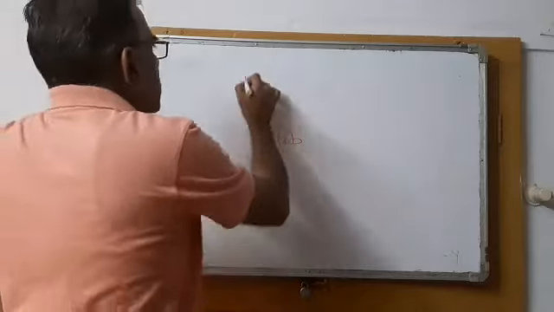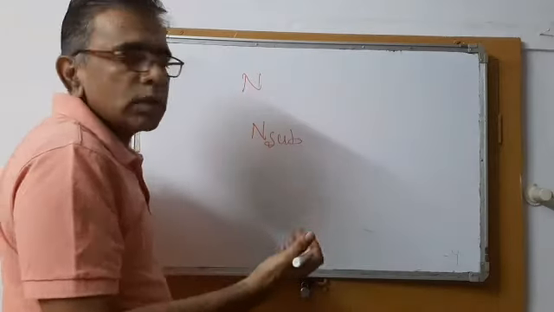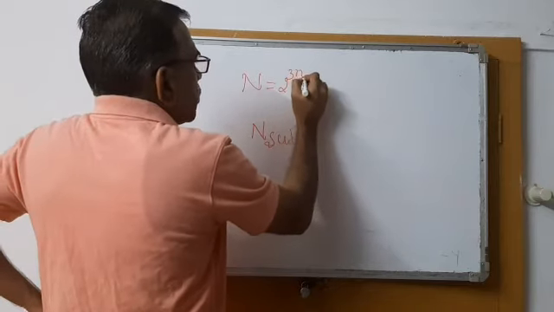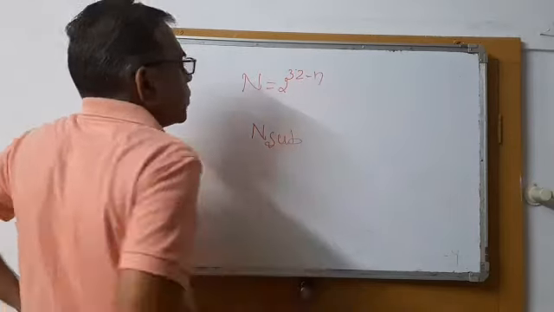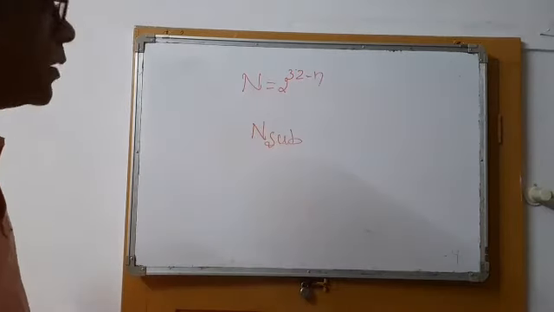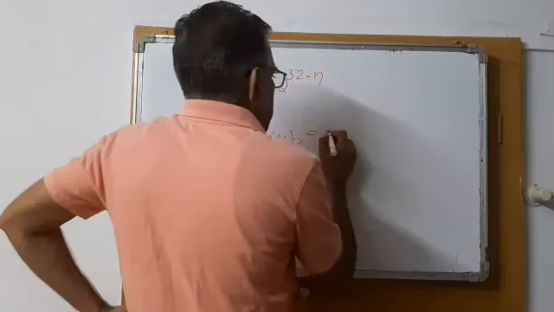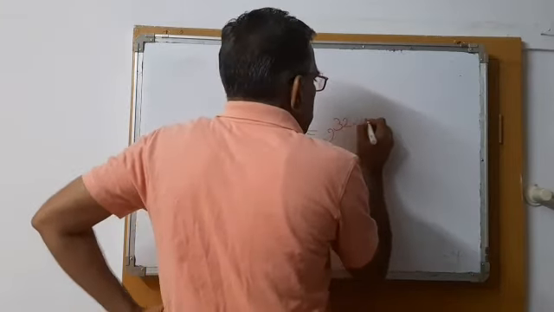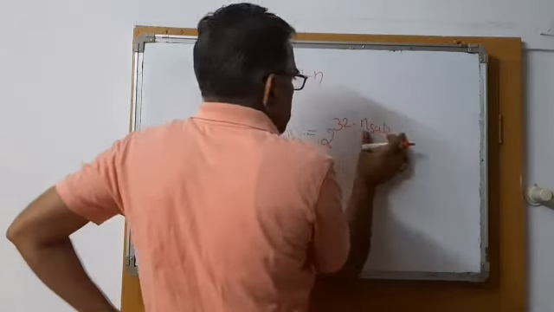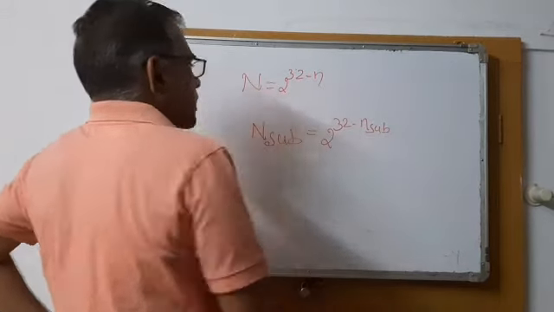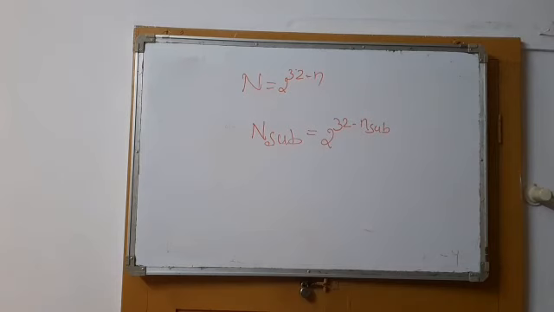It is similar to the number of hosts we discussed in the previous case, which was given by 2 raised to 32 minus n, which helped us find the number of addresses in the organization. In the same fashion, n sub is given by 2 raised to 32 minus n sub. The total number of bits including subnet bits will tell you the number of subnets in the organization. So this will be useful for us to identify.